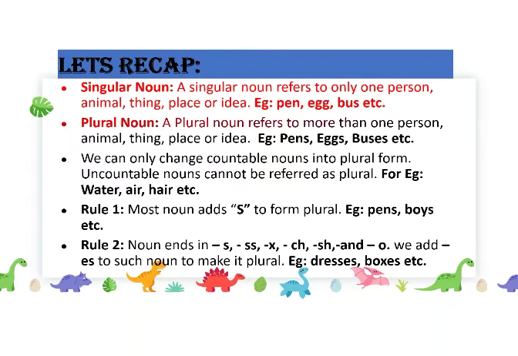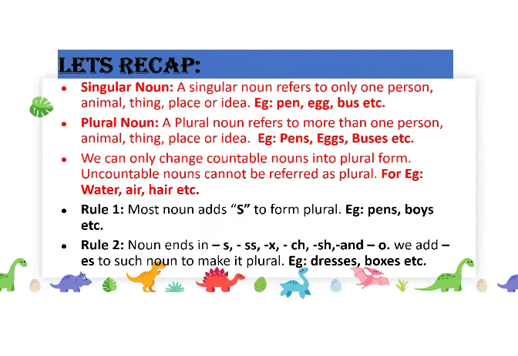The plural noun: a plural noun refers to more than one person, animal, thing, place, or idea. So, for example, pens, eggs, buses, etc. We can only change countable nouns into plural form. Okay, students?